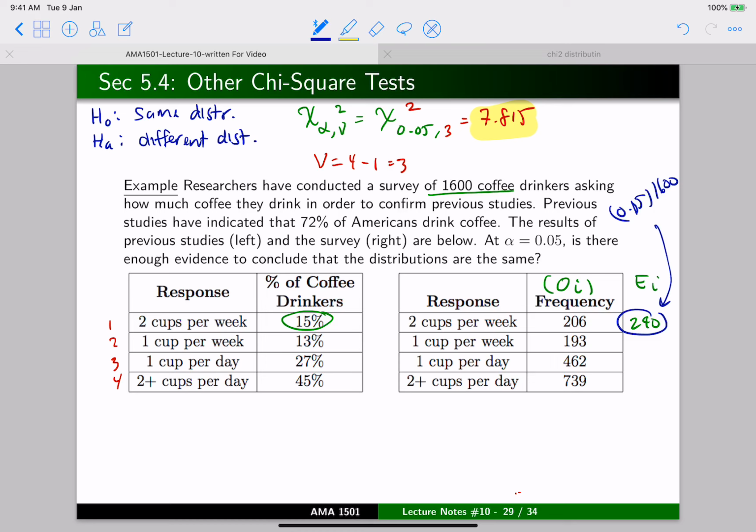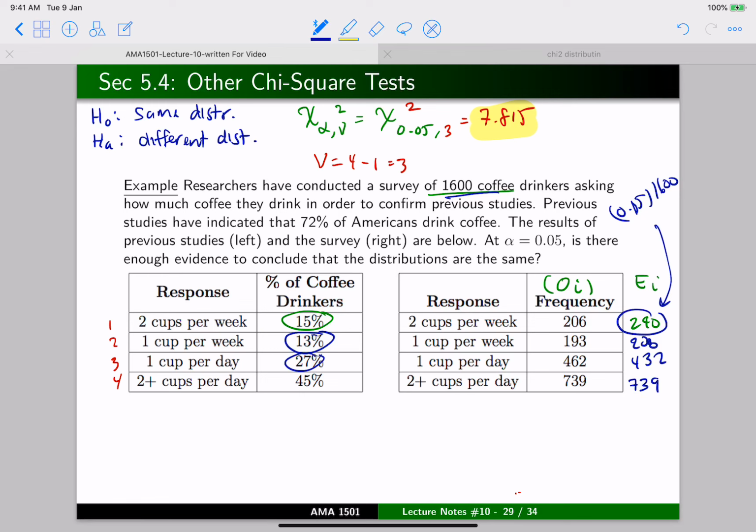Similarly, we multiply 0.13 times 1600. We obtain 208 here. Then we have 27% times 1600 is 432, and here will be 720.